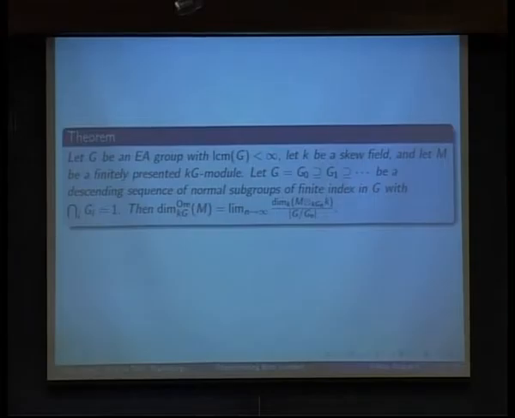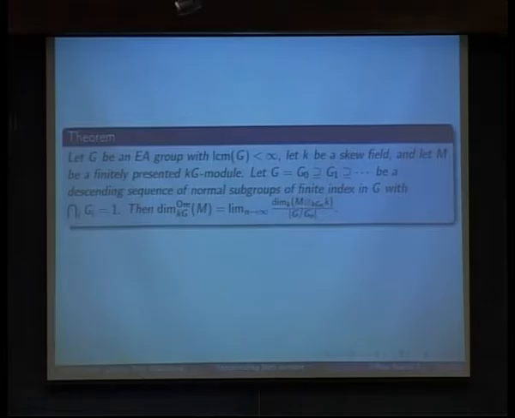So let G be an elementary amenable group with the lowest common multiple of the orders of finite subgroups of G finite. In other words, there's a bound on the orders of the finite subgroups. Let K be a skew field, and let M be a finitely presented KG module.